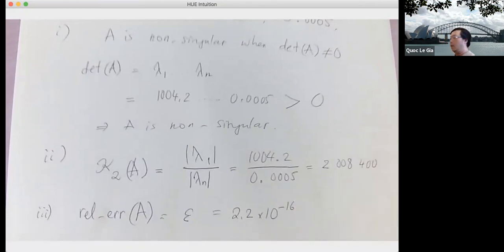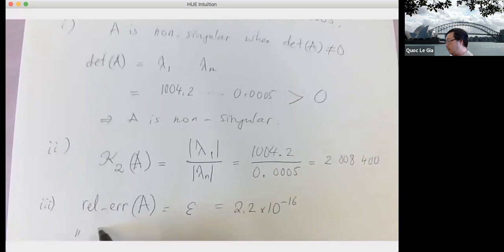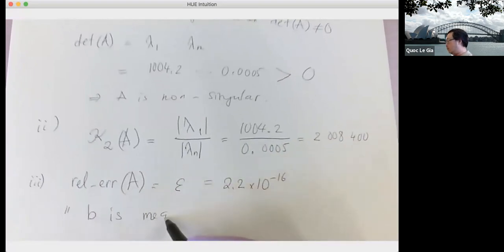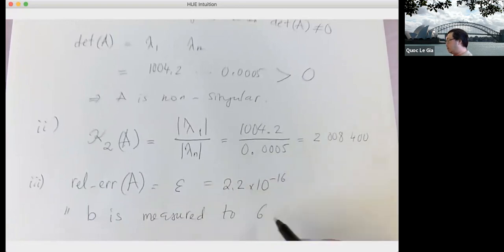If A is an integer matrix and it's known exactly, then the relative error will equal 0, but we don't have this assumption. So we just assume that the relative error is the machine epsilon. Now if you read the question again, there is a phrase that B is measured to 6 digits.